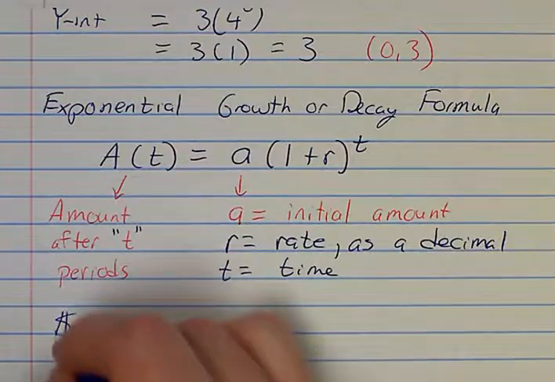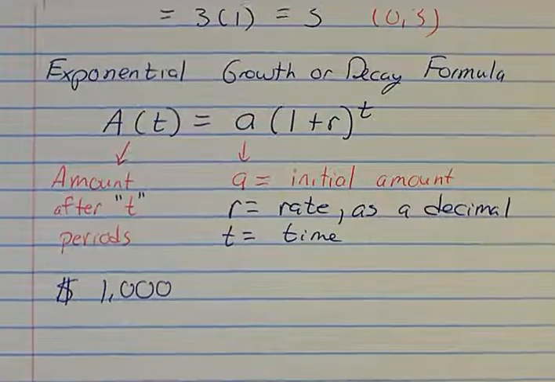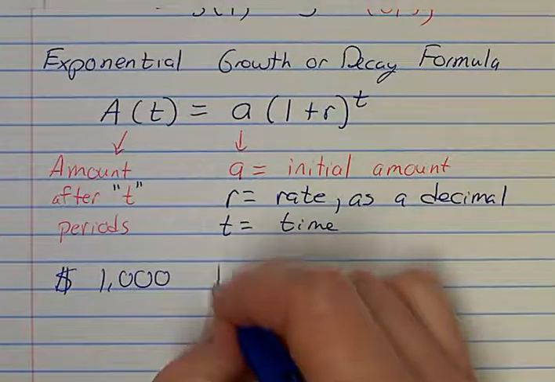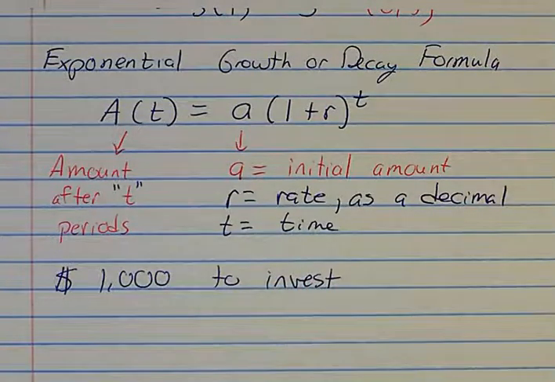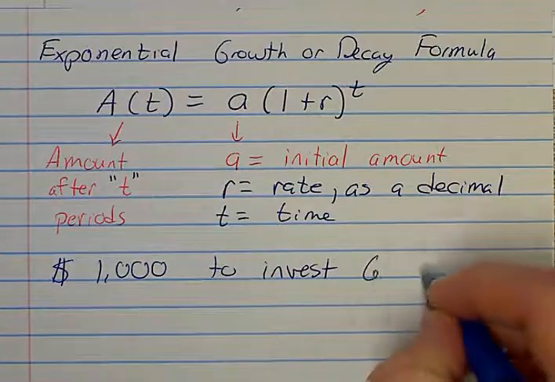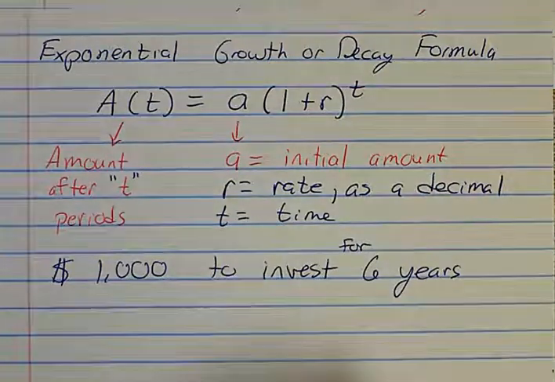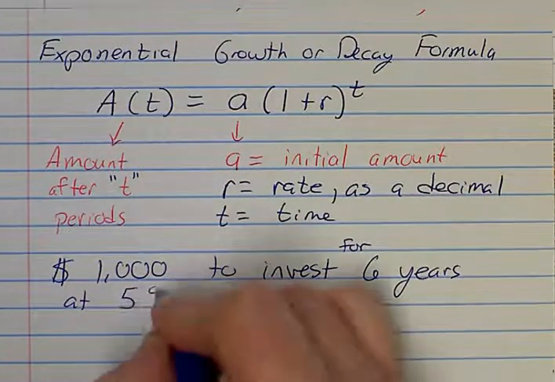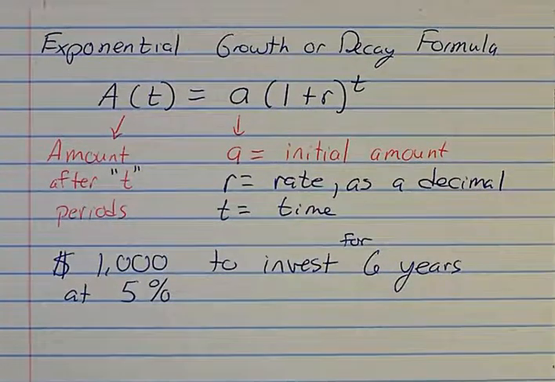Alright, so here we go. Here's a question. It's a word problem, but it's okay. You're going to have to have word problems with these. Let's say you have $1,000 to invest. Somebody, an uncle or a grandmother or whoever, wants to give you some money. They tell you, here's $1,000, go save it so that when you get out of college, you have a little bit of spending money. So here's $1,000 to invest for 6 years, and let's say you get a 5% interest rate from a bank.